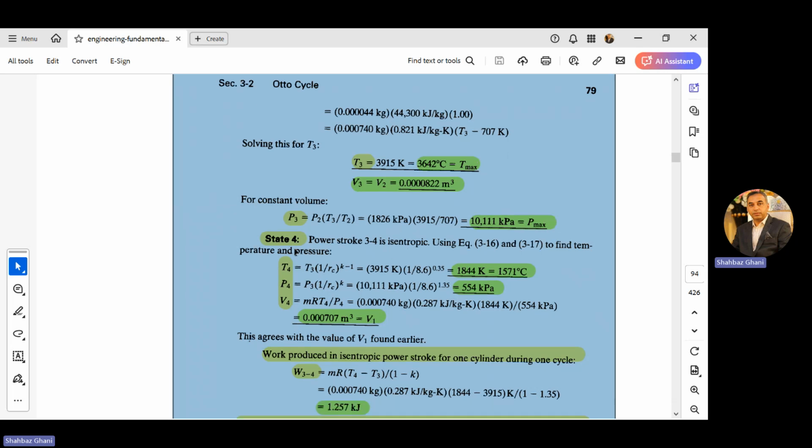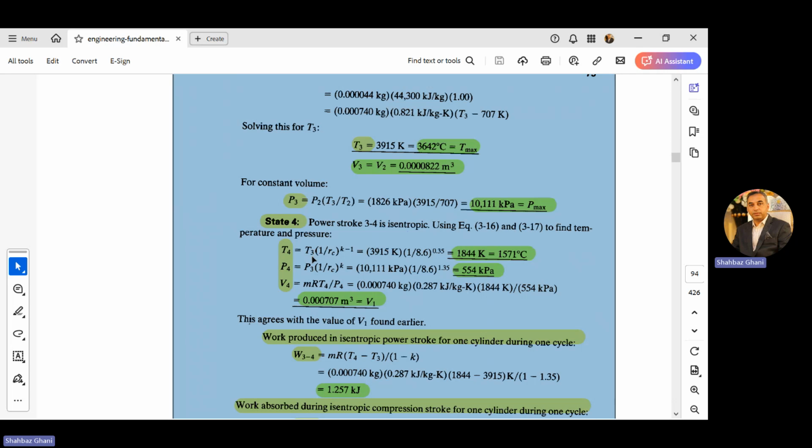Okay. Now coming towards point 4, which is the end of the power stroke. T4 is equal to T3 times 1 over rc to the power k minus 1. So putting the value, we found T4 is 1844 K or 1571 degrees Celsius.